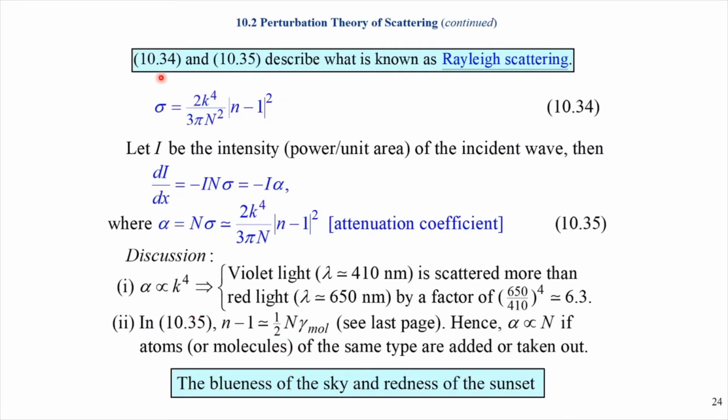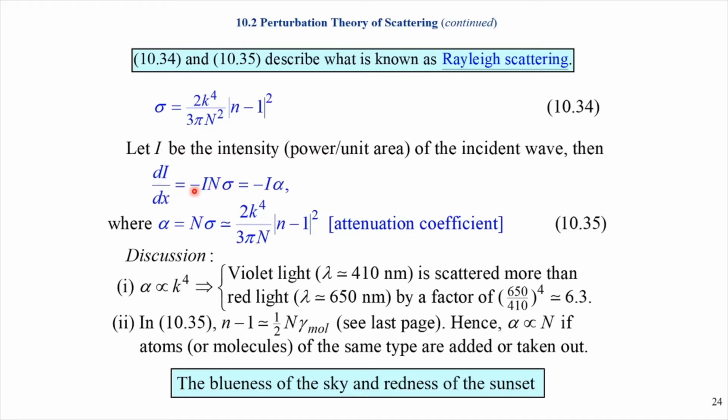We try to explain the famous effect called Rayleigh scattering. In Rayleigh scattering, sigma is 2k to the 4th over 3 pi n square, n minus 1 absolute value square. Let I be the intensity, the power per unit area of the incident wave. Then dI/dx equals minus I N sigma.